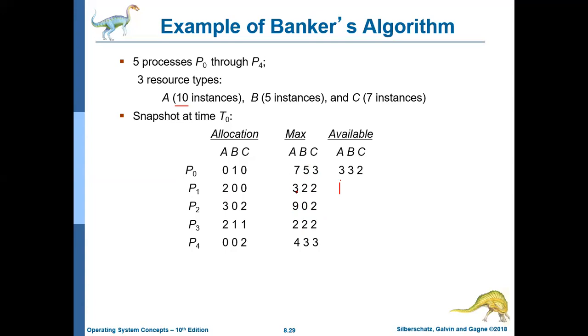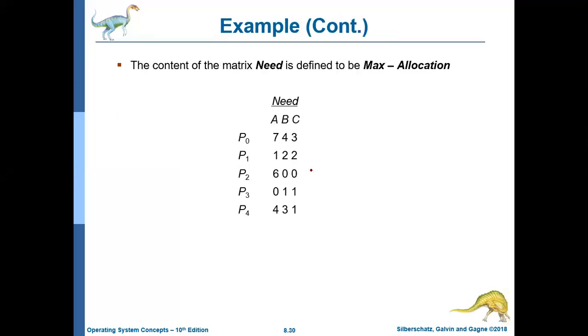In this way, if we are calculating the need matrix, you can see 7 minus 0 will be 7, 5 minus 0 will be 4, 3 minus 0 will be 3. So 7, 4, 3 will be the first row. Let's check. 7, 4, 3 is the first row.